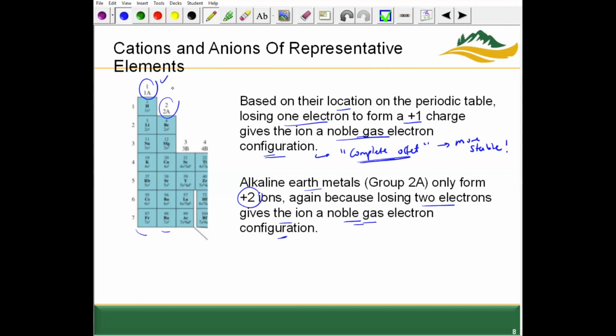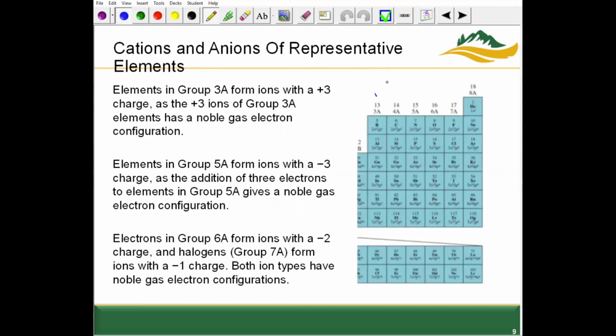So that was group 1A and group 2A. Group 3A, we also saw those will mostly form +3 ions. Group 4A is harder to predict because they will either need to gain 4 electrons or lose 4 electrons to have a happy complete octet. So group 4A, a little bit less predictable.